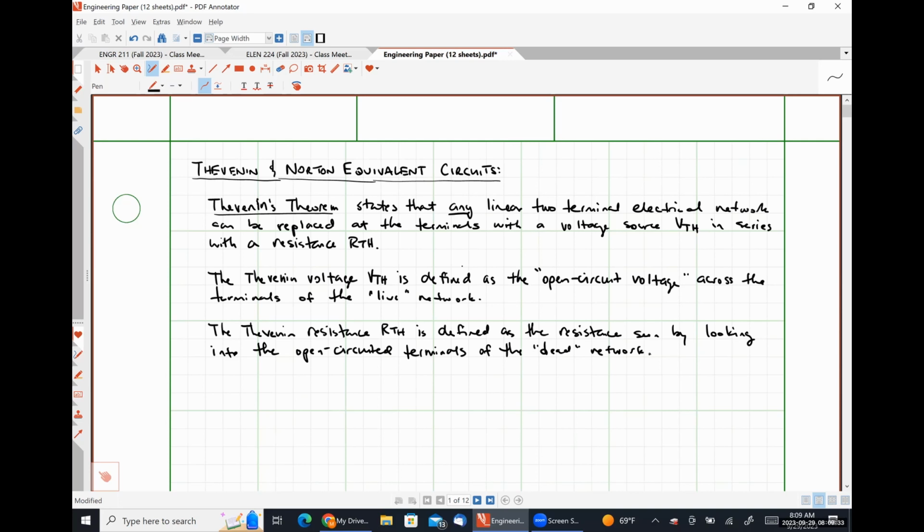And we turn off the independent sources to figure out Thevenin's resistance in the exact same way that we turned off independent sources when using the superposition technique.